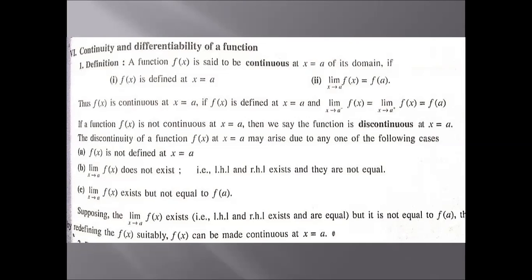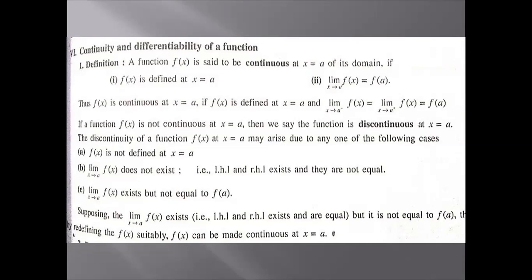Second type, if a function f(x) is not continuous, it is discontinuous at x = a. The discontinuity of a function f(x) at x = a may arise due to any one of the following cases. f(x) is not defined at x = a. Second case, the limit as x tends to a of f(x) does not exist, that is, the left hand limit and right hand limit exist but they are not equal.